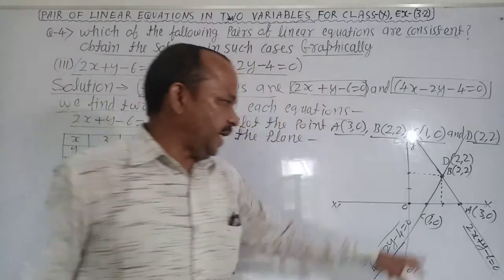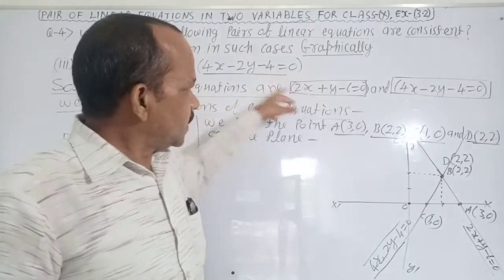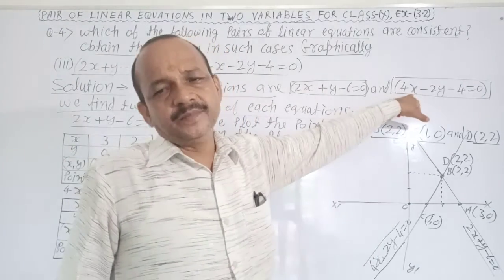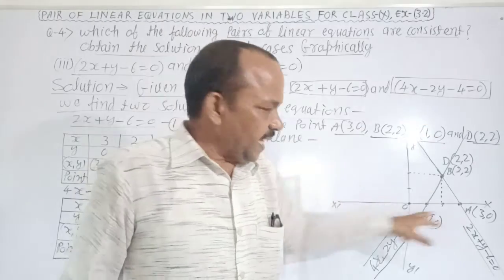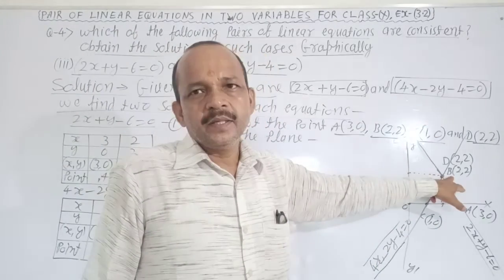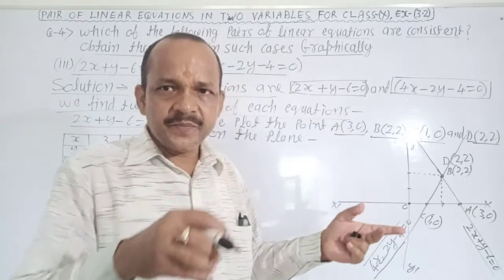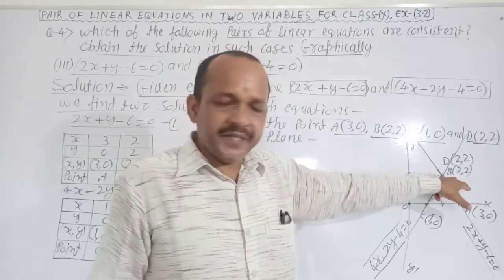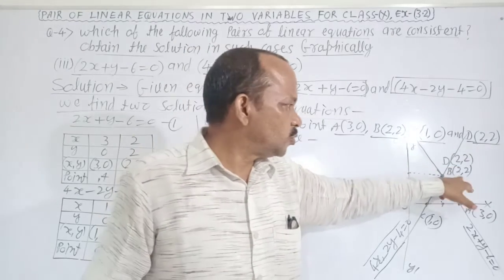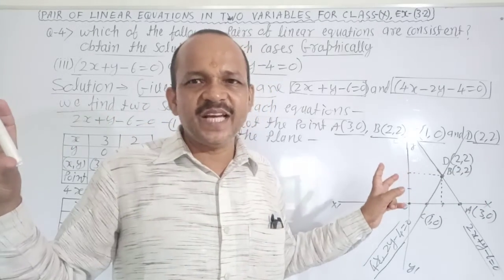Line AB is according to equation first, and line CD is according to equation second. Both lines cut each other at point B. Points B and D are the same because the coordinates of points B and D are the same, 2 and 2. It is clear, no confusion about it.